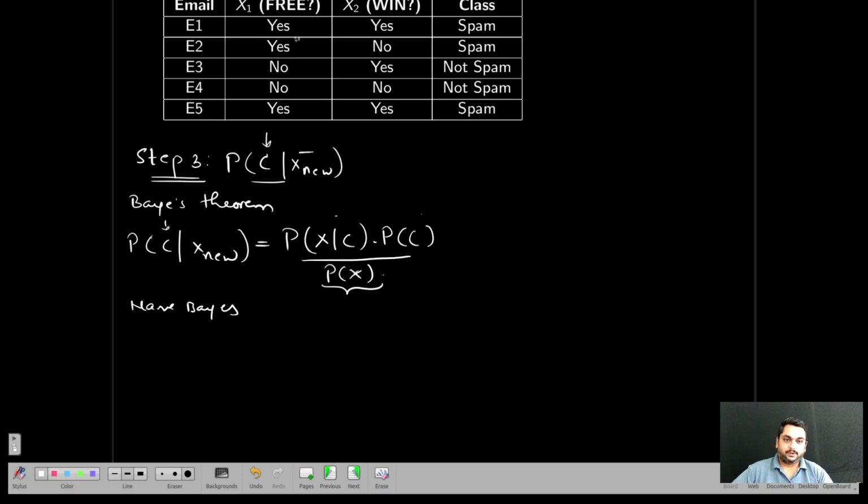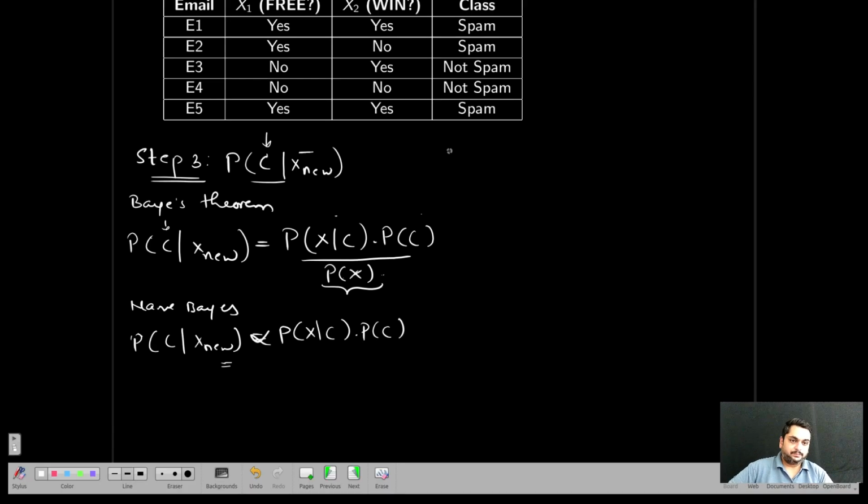This p of x value remains the same. So this says probability of class given the new x value is proportional to probability of x given c into probability of the class, divided by nothing. So you are just removing it.